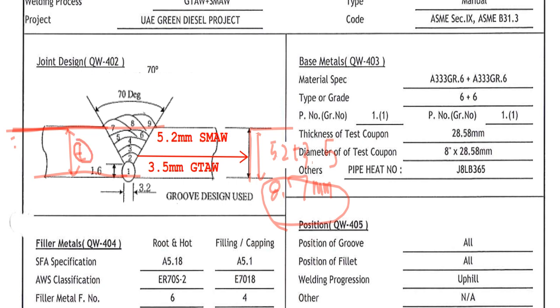So this t is 3.5 and 5.2. So 5.2 plus 3.5 is 8.7 millimeter, which is the same as the base metal thickness.